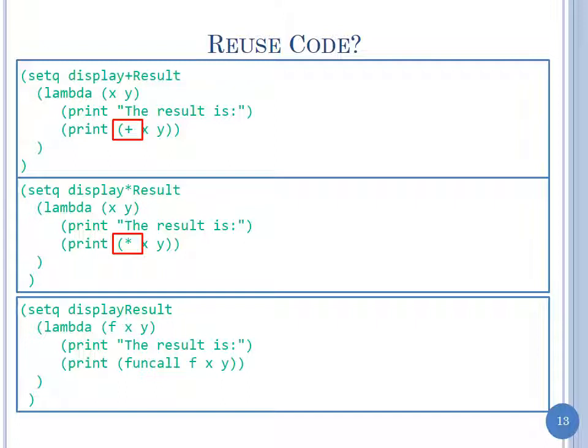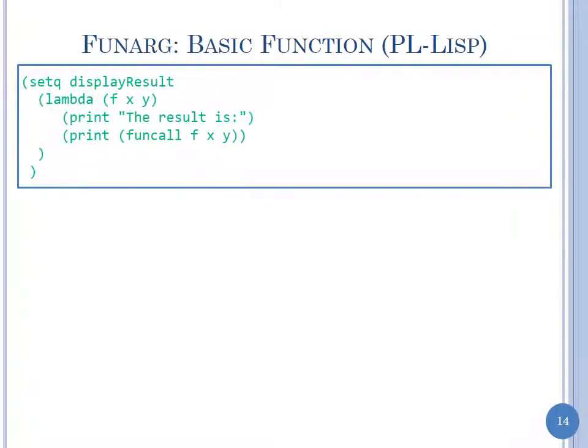So now we have display result, which takes three parameters: not just x and y, but also the computation to be done on x and y, which is the f parameter. And it does a funcall of f on x and y rather than plus or star of x and y. Any question on this so far? I'm just reviewing.